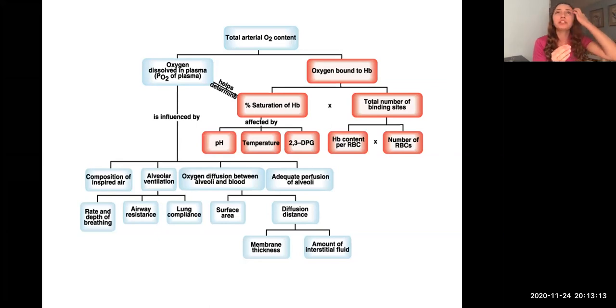And what she said is that the PO2, the oxygen dissolved in the plasma, is usually directly related to the saturation of hemoglobin, unless you have something wrong with the hemoglobin.